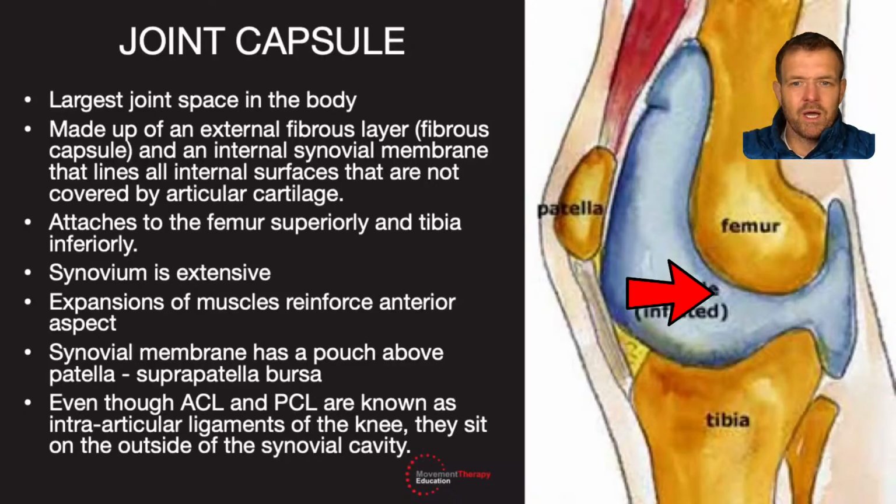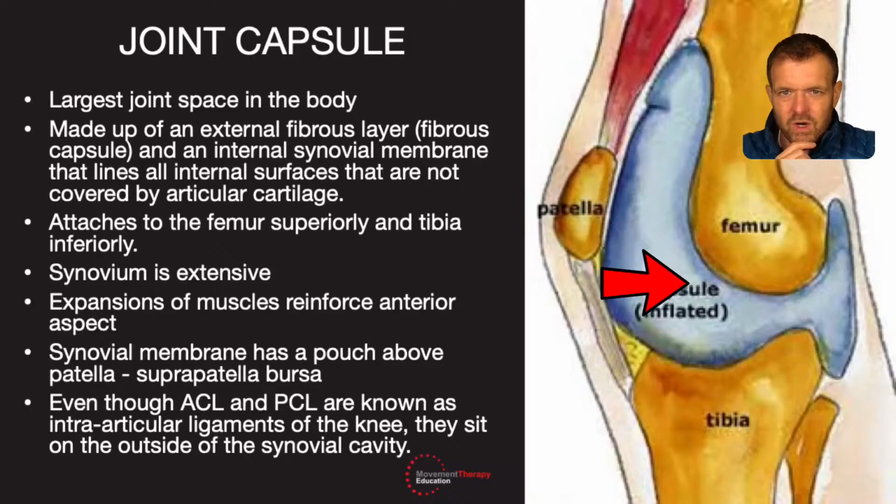So what I would do is, we wouldn't know what was going on unless it was obvious. So you do your ACL, PCL tests and meniscus tests, but sometimes they're all negative, so we don't really know what's going on in the knee. So I get that investigated further, get some imaging. But that's why it happens.